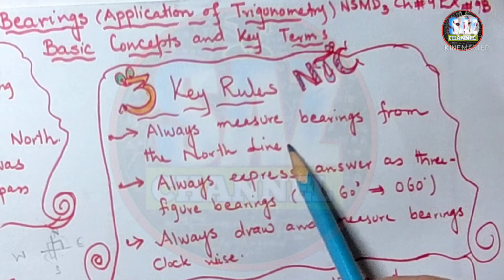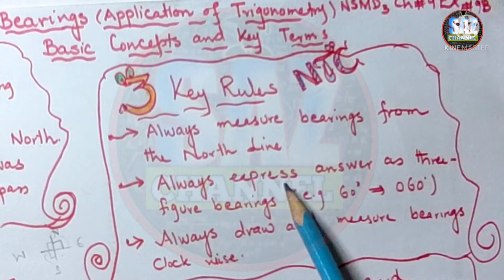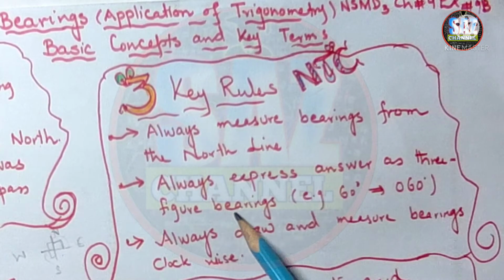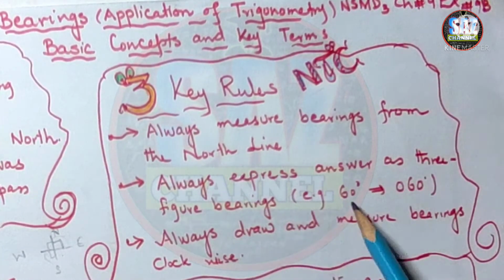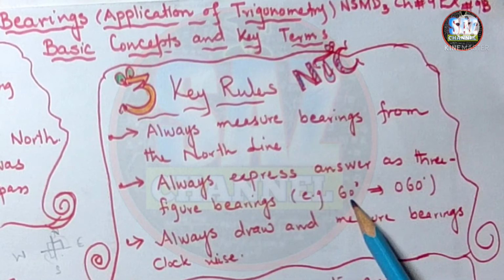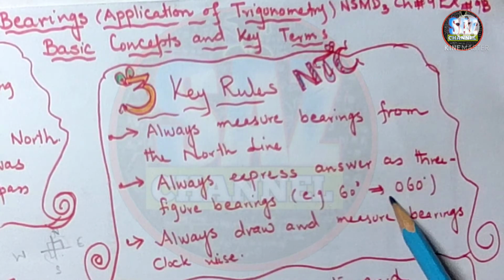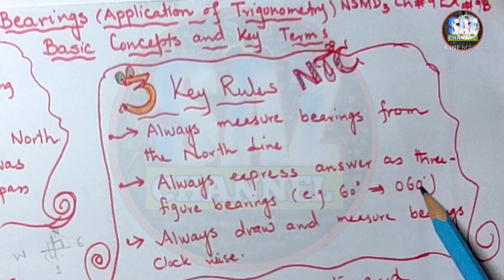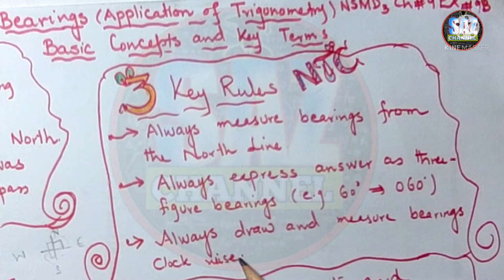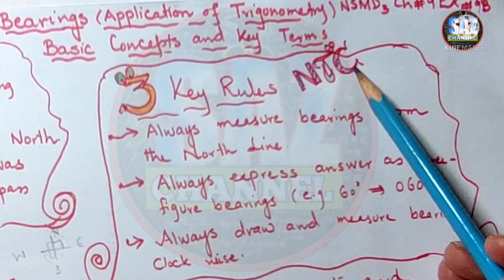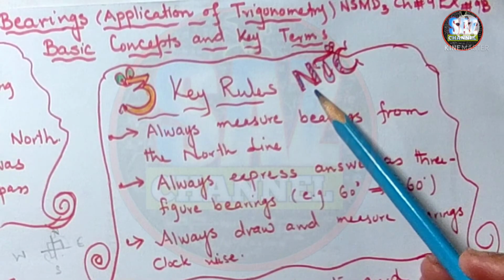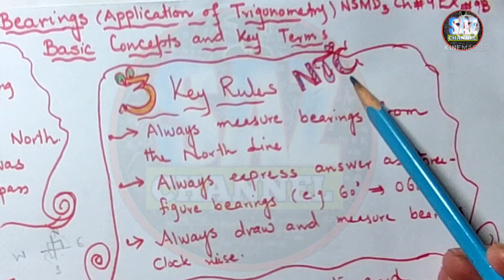Start your movement from the north line and express your answer as three digit bearings. If your answer is coming as some acute angle like 60 degrees or 89 degrees, you have to write your answer with 3 digits, that is 060 degrees, and draw and measure bearings clockwise. So NTC means north, three digits and clockwise direction.